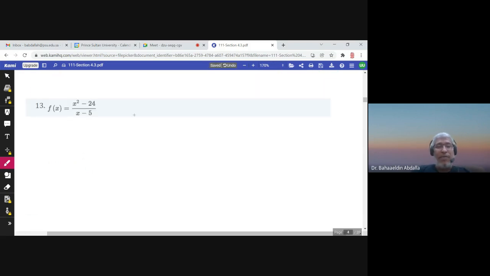Another example, I need to find f prime. I have a rational function here. So to find f prime, I need to use the quotient rule. X minus 5 squared, derivative of the numerator times the denominator, minus derivative of the denominator, which is 1, times the numerator. And please do not forget parentheses here because I have two terms.